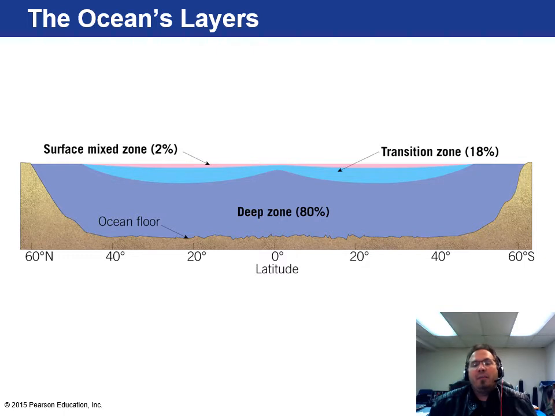And then you have the deep zone, which is the vast majority of the ocean, where there's no sunlight whatsoever. We've been to the moon, but there are many places in the ocean no man has been yet because it's vast and dark.